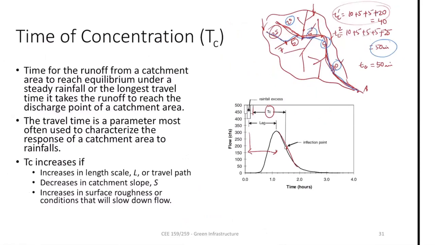What does the time of concentration depend on? It obviously depends on the length scale, which is what I showed you. It also depends on the slope. If you have a higher slope, the time of concentration will decrease because water moves rapidly from location to location. And it also depends on the roughness, or things that can slow down the flow, like green infrastructure.